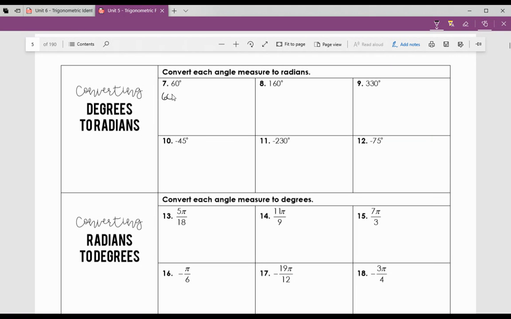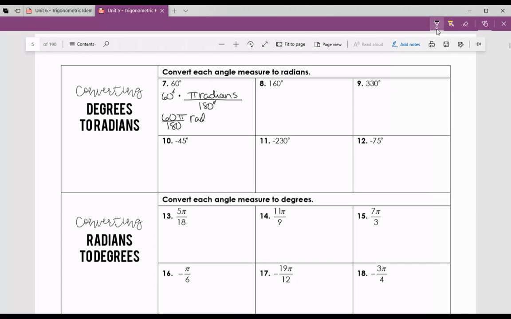Notice there are 3 positives, 3 negatives, because it doesn't matter. So I'm going to take 60 degrees, and I am going to multiply that by pi radians over 180 degrees. Now, the degrees will cancel. So I'm left with just radian value. So I get 60 pi over 180 radians.